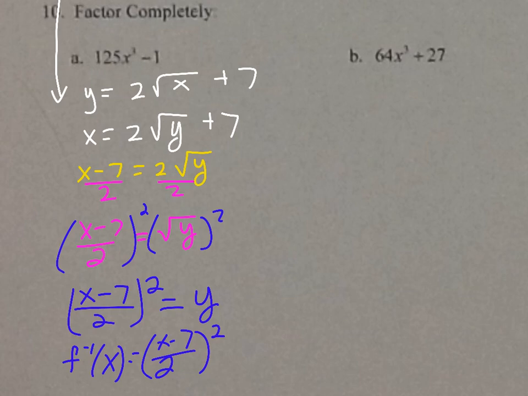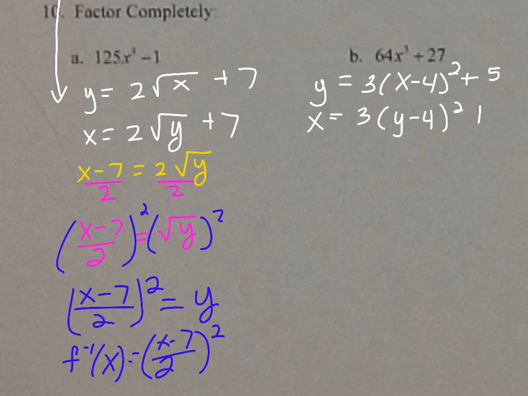All right, so let's take a look at B. So B is Y equals 3 times X minus 4 squared plus 5. Okay, so the first thing I'm going to start doing is switch X and Y. So we have X equals 3 parentheses Y minus 4 squared plus 5.